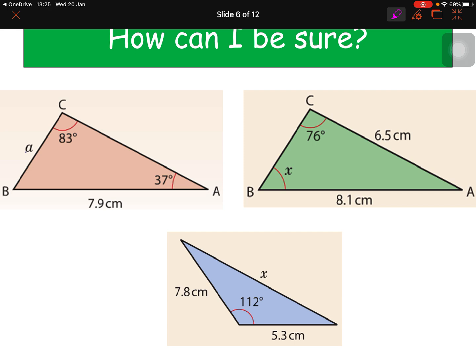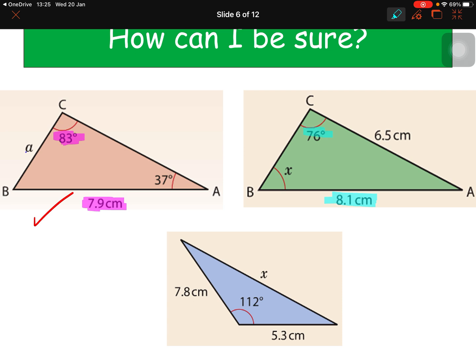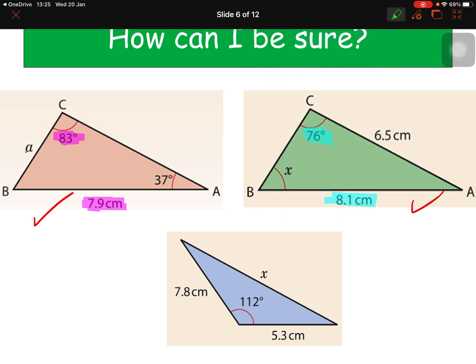In the first one, I have a matching pair that are opposite each other. Therefore, I can definitely use sine rule on that triangle. On the next one, I have a matching pair opposite each other. Therefore, I can definitely use sine rule. The last one, I need to ask myself, do I have a matching pair?